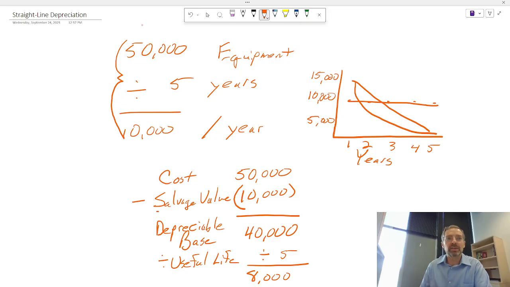We have to guess at the salvage value or how much we are going to get back from our equipment, furniture, buildings when we are all done with them. So we make that guess, and that gets us to a depreciable base, and that's the total depreciation expense that we're going to have over the life of this asset. And that gets us our per year amount down at the end.